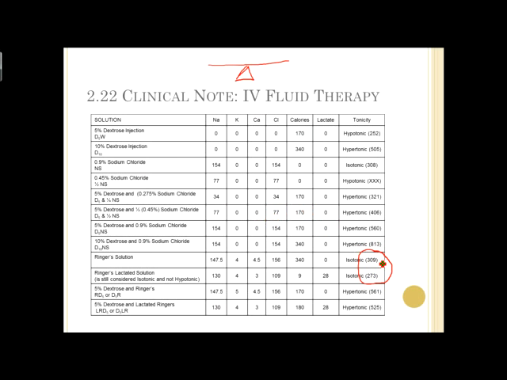So Ringer's is an isotonic solution. It's about 309. And then there's our normal saline right here, which is about 308. So as long as we're right about 300, we're pretty good. We are considered to be isotonic.